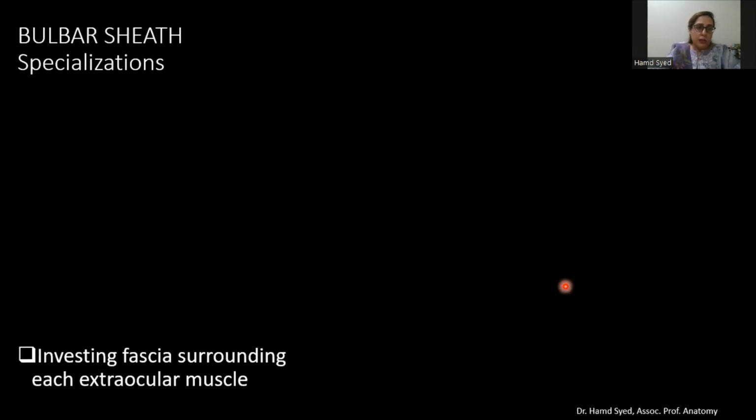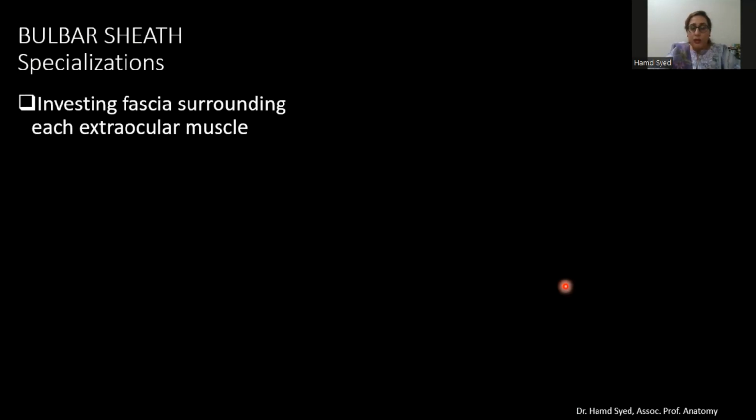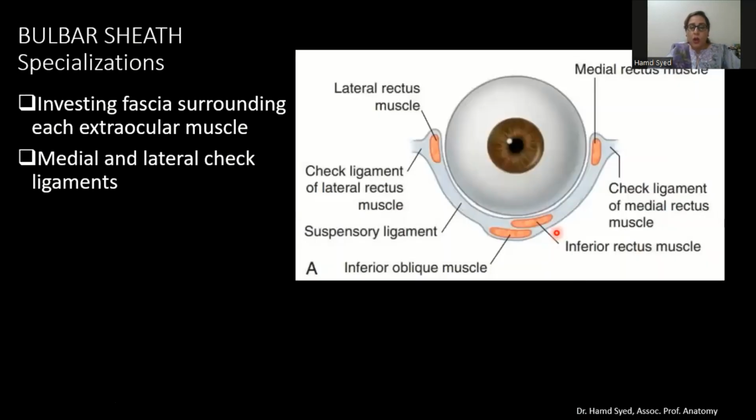Okay, so when we talk about the bulbar sheath, it has some specializations. The first is that the insertion of the extraocular muscles into the eyeball is surrounded by a sleeve of this bulbar fascia, and also the medial and lateral check ligaments are specializations of the bulbar sheath. Over here we can see the specializations of the bulbar sheath.